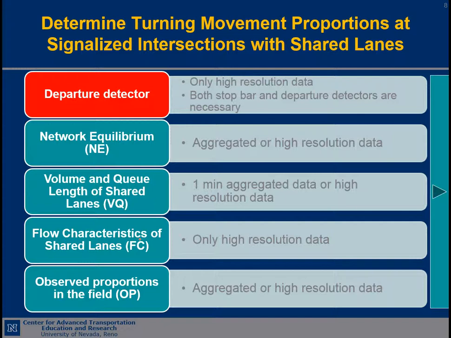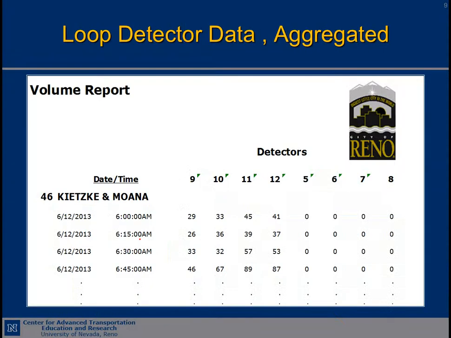For the other methods, we need two kinds of data, aggregated or high resolution data from detectors. So before I describe these methods, I briefly describe aggregated and high resolution data. Here you can see a sample of aggregated data that I got from the City of Reno, and you can see the data are in 15 minutes.